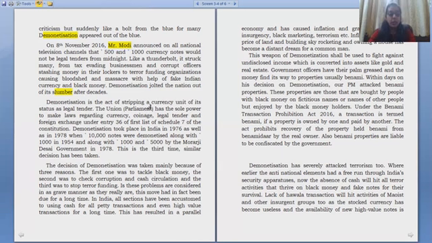The Union Parliament has the sole power to make laws regarding currency, coinage, legal tender, and foreign exchange under entry 36 of the first list of Schedule 7 of the Constitution. Now, if you don't know this line, this Schedule 7 and so on, this is something related to law, then you may skip this line and it is not going to affect your essay writing, because that is an extra piece of information that you are providing.